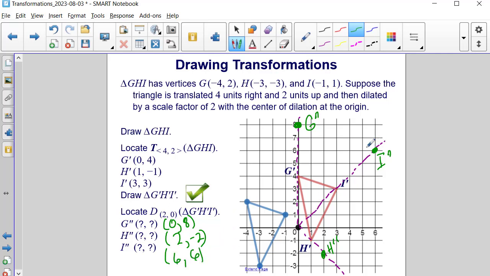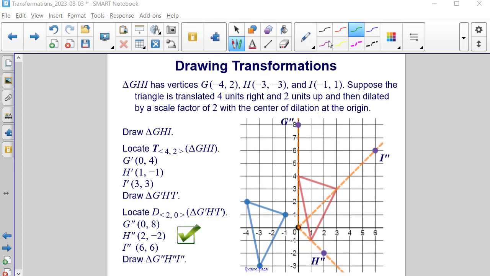Another way you could have found these points would be to take the coordinates of points G prime, H prime, and I prime and multiply them all by 2. That's another way that you can get the coordinates for the image points after a dilation centered about the origin with a scale factor of 2.